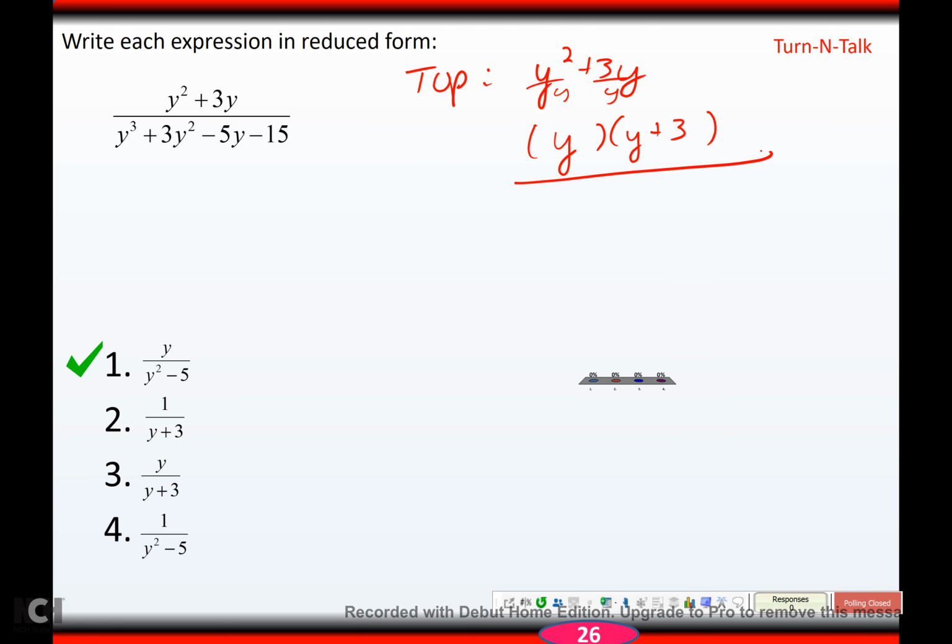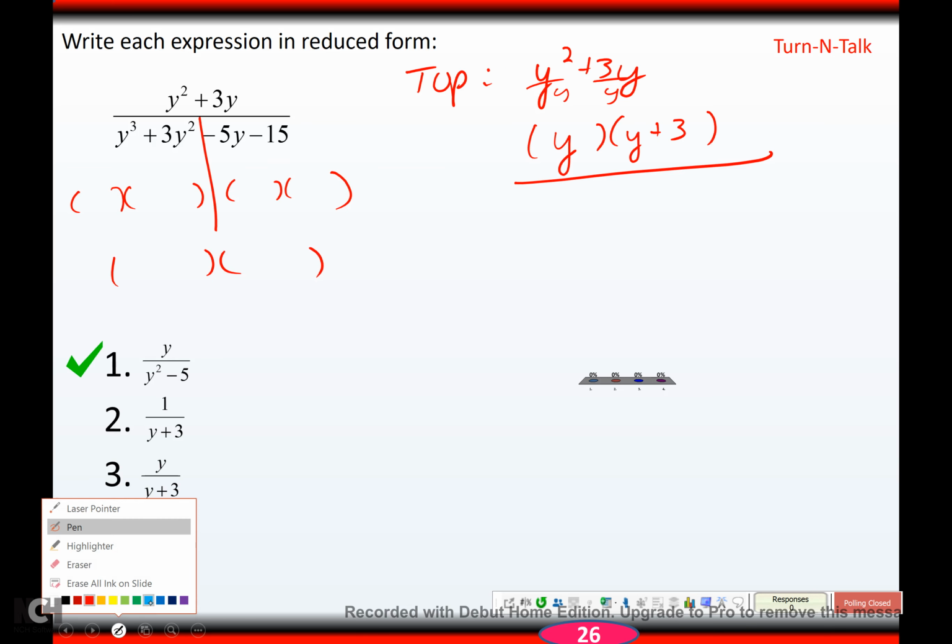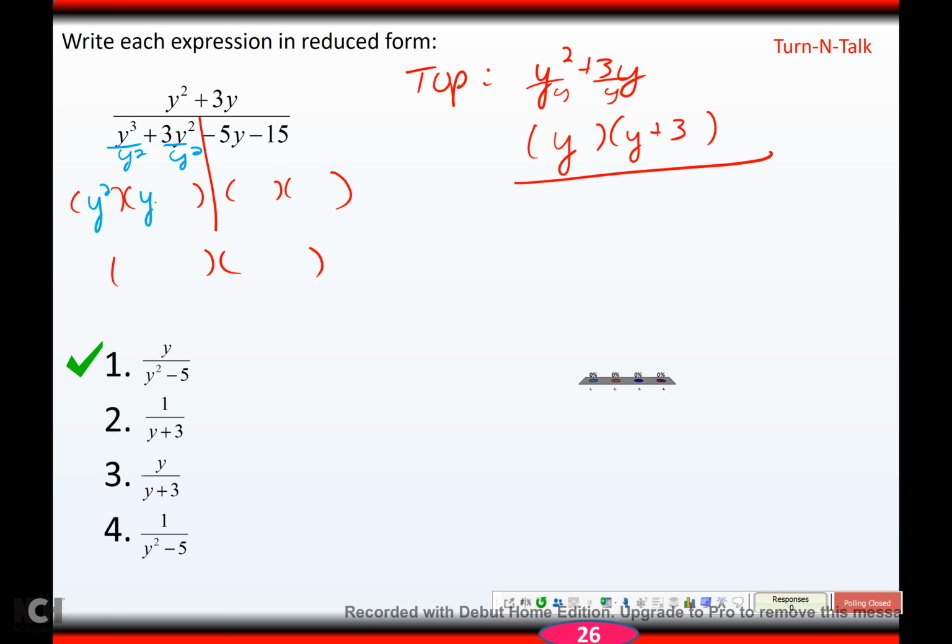On bottom, I'm at 4 terms. So we're at 2 by 2, GCF, GCF, GCF again. Woo! On the left side, they have a y squared in common. If I divide by y squared, I get y plus 3. The other side, they have a 5 in common, and I'm going to take the negative.